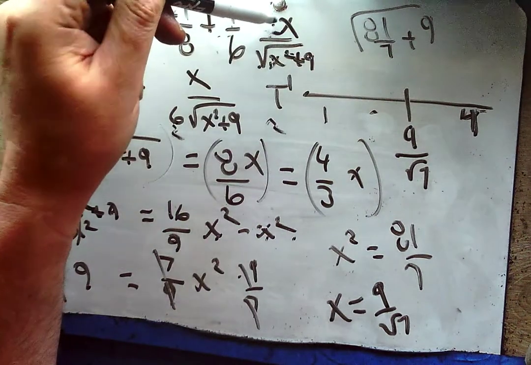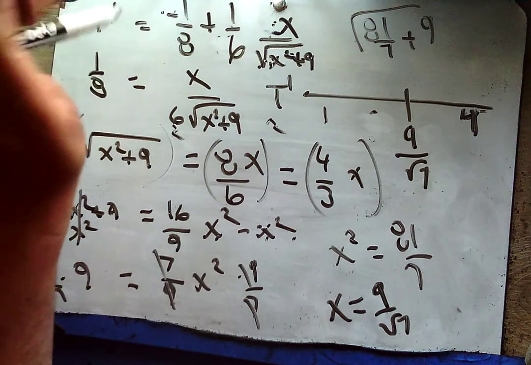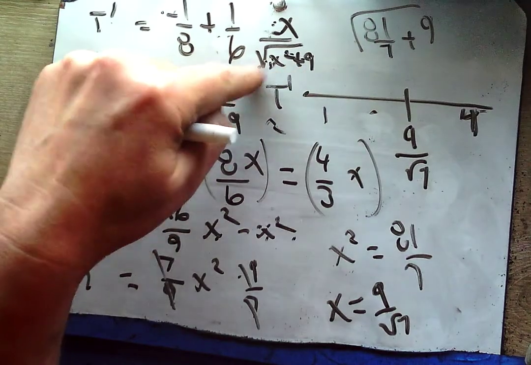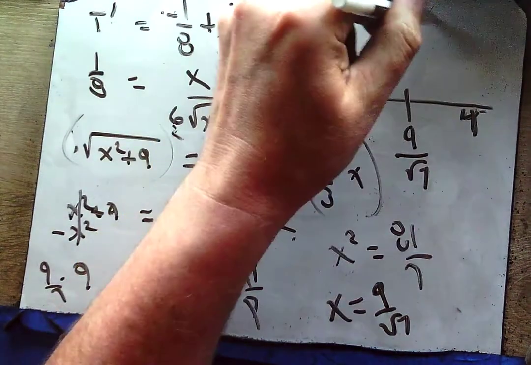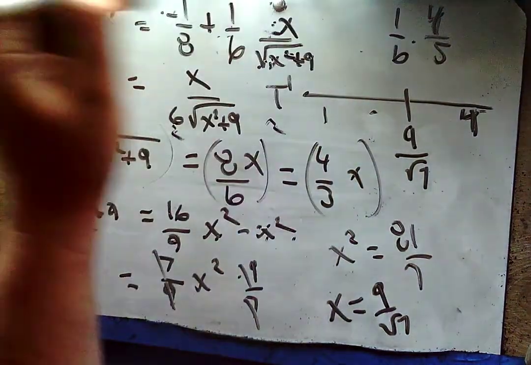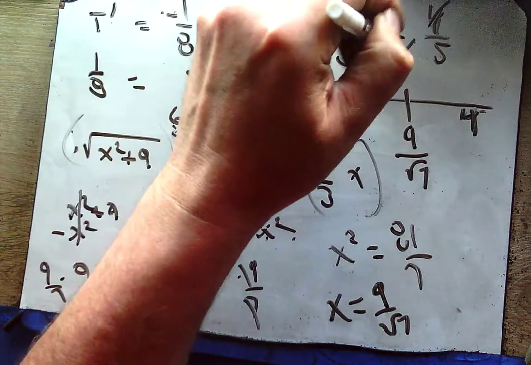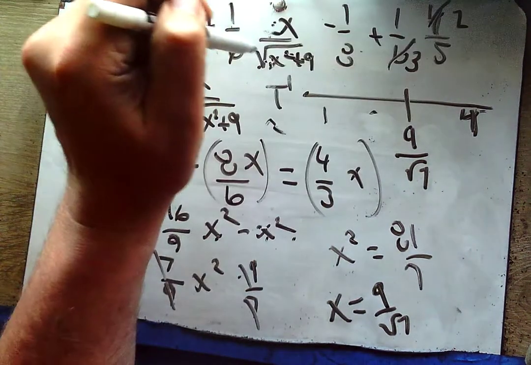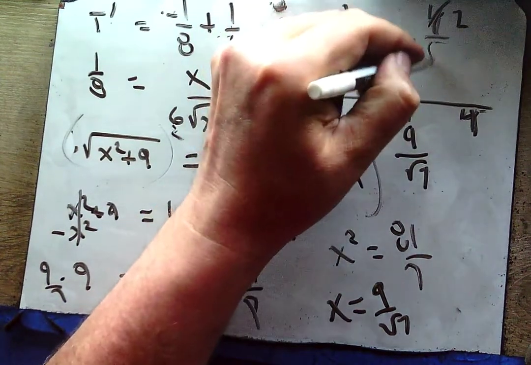I've got 4 positive over, I'm not going to know unless I actually chug through this. So 4, that was 5 on the bottom, 4 on the top, so I've got 4/5 times 1/6, and then minus 1/8. So that's going to cancel, and this is going to be 15 on the bottom, so 2 over 15.